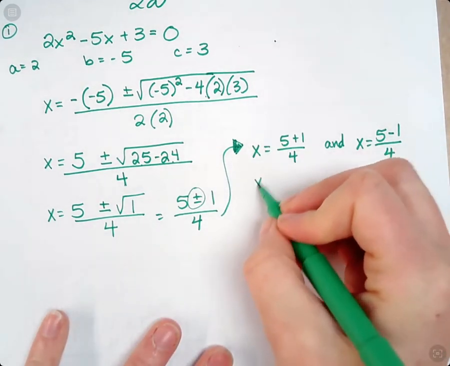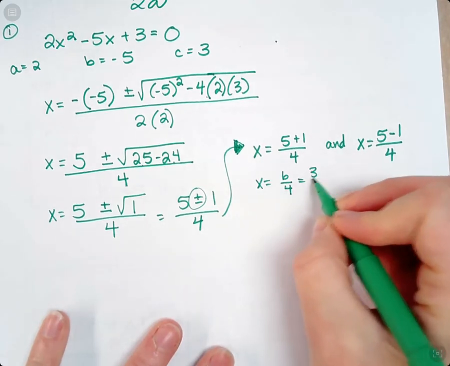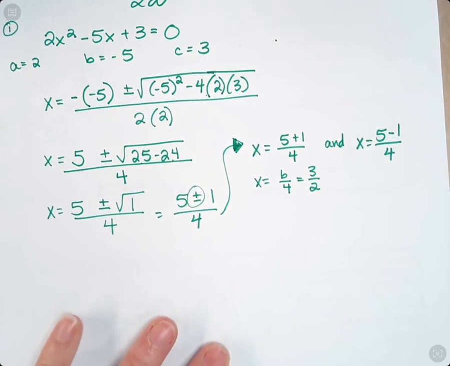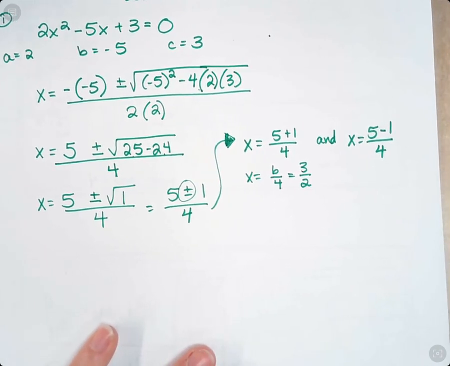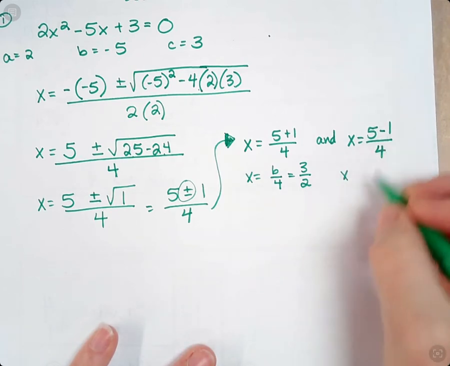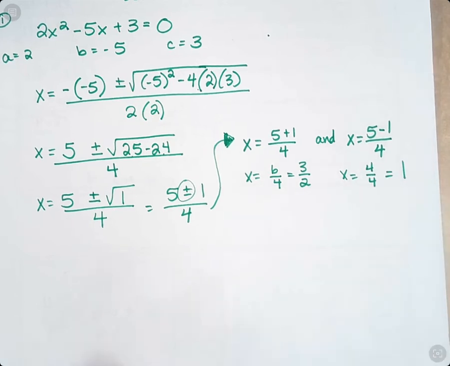So then on this one, it would be 6 over 4, which equals 3 over 2. And then the next one would be 5 minus 1, 4 over 4, which equals 1.